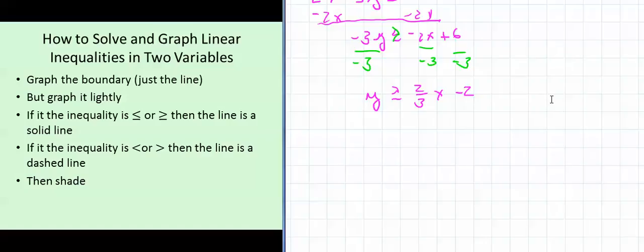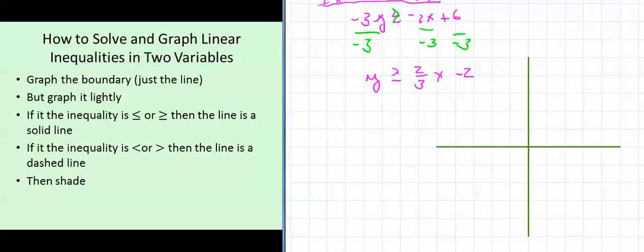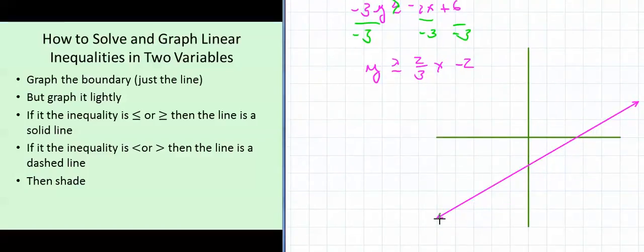All right. So now we're going to graph this boundary. Now we have our graph. So the boundary is 2/3 x minus 2. I'm going to start here at minus 2, and go up 2 over 3, up 2 over 3, and my line goes there.